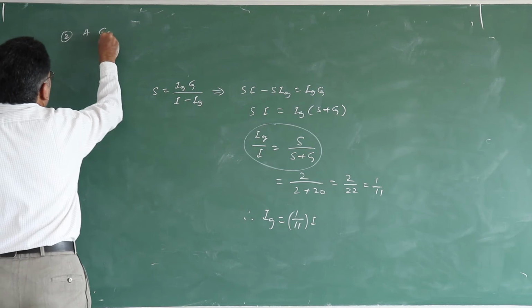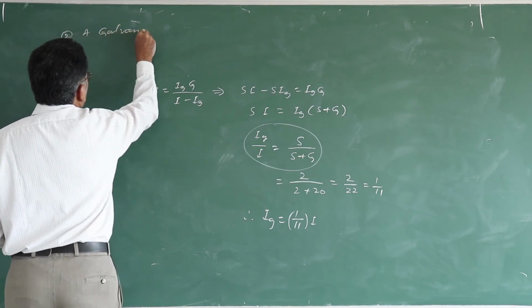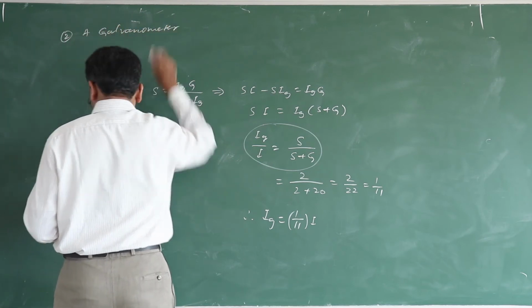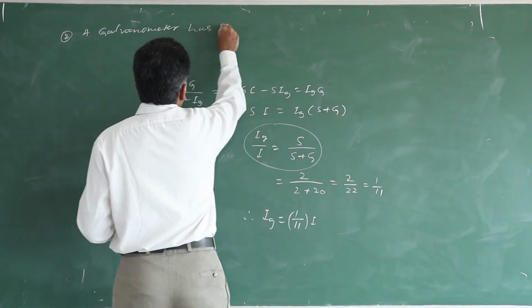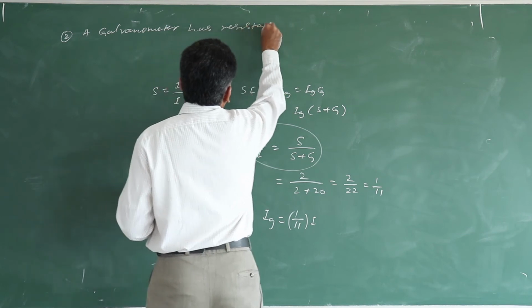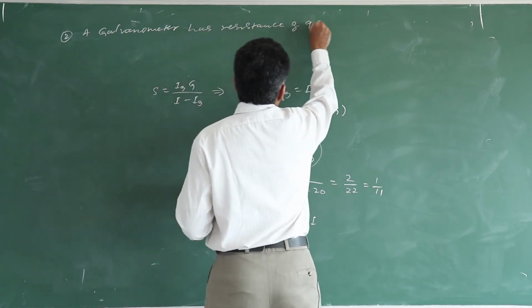A galvanometer has resistance of 98 ohm.